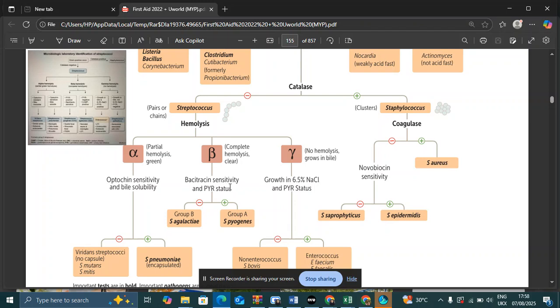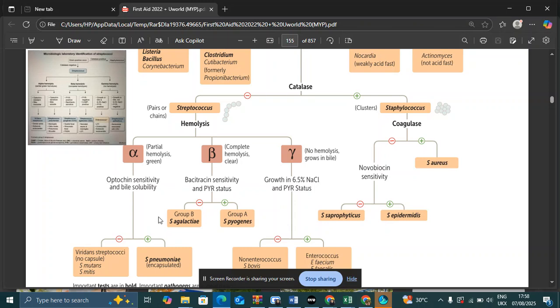Those bacteria which are bacitracin sensitive and PYR positive are called group A beta hemolytic bacteria. Example is Streptococcus pyogenes. Those which are bacitracin insensitive and PYR negative are called group B beta hemolytic bacteria. Example is Streptococcus agalactiae.